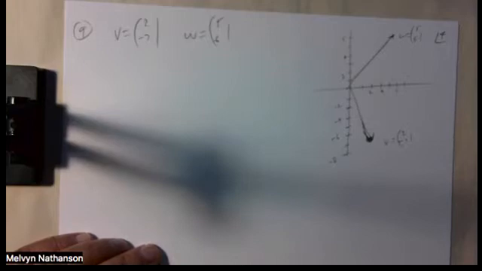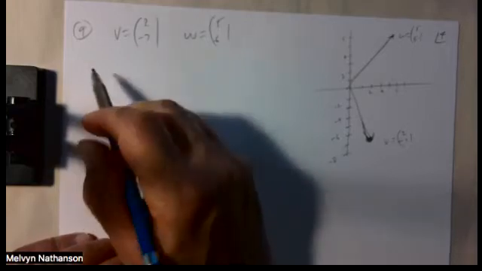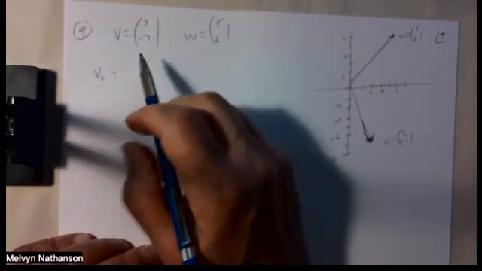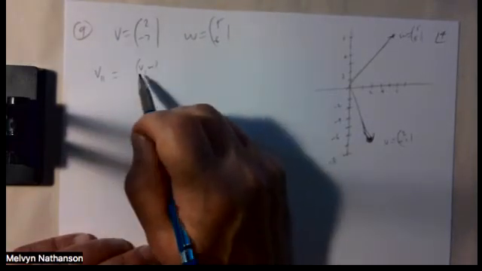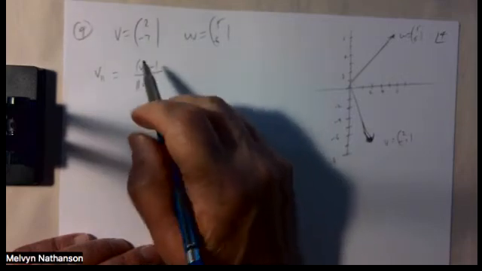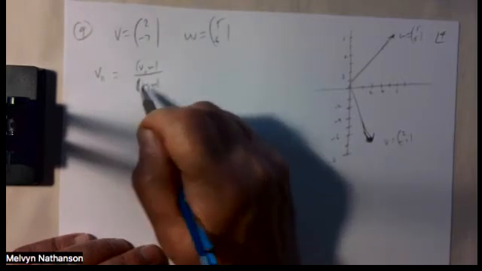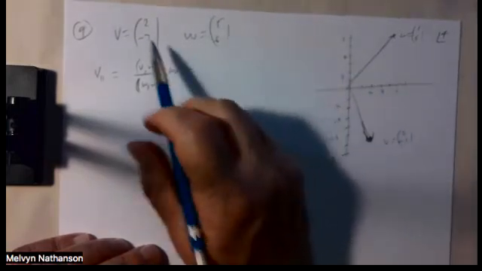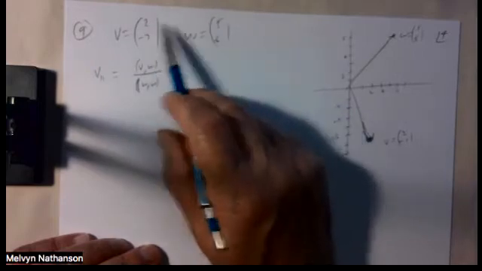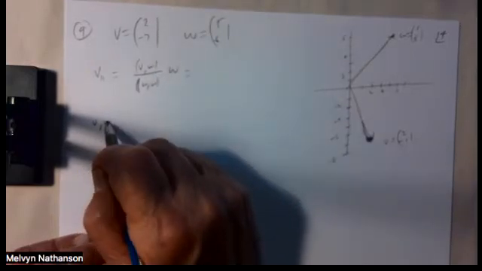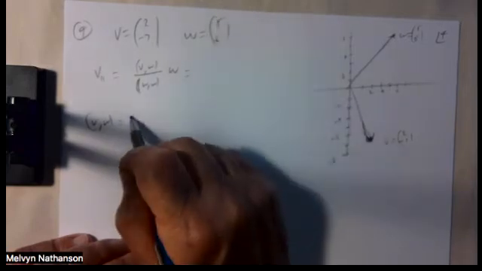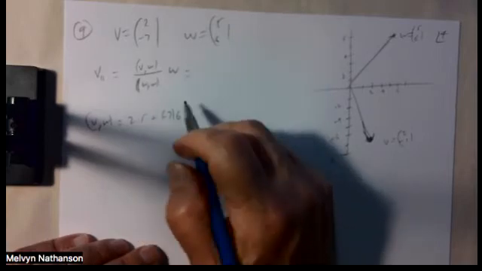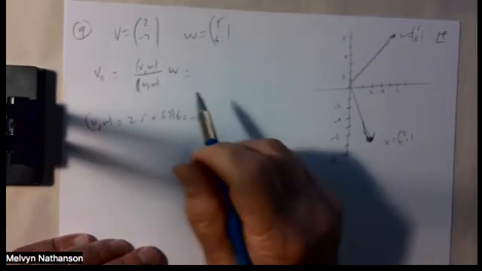So if you want the component of V parallel to W, you take the inner product of V and W, divided by the inner product of W with itself, times W. So what is that? Let me just write it out. The inner product of V and W is 2 times 5 plus minus 7 times 6. 10 minus 42 is minus 32.